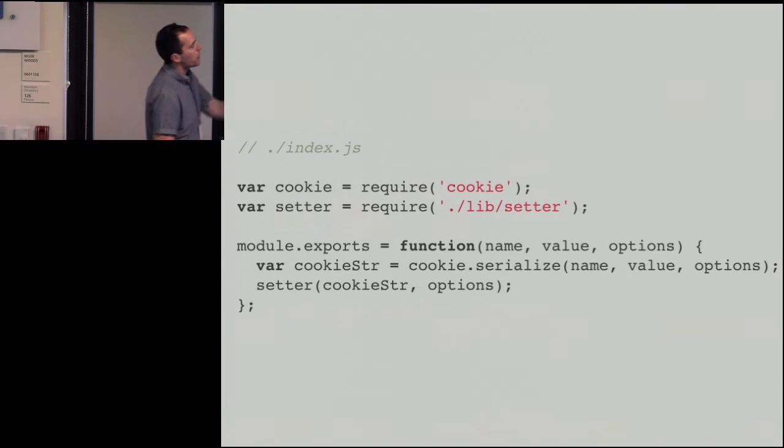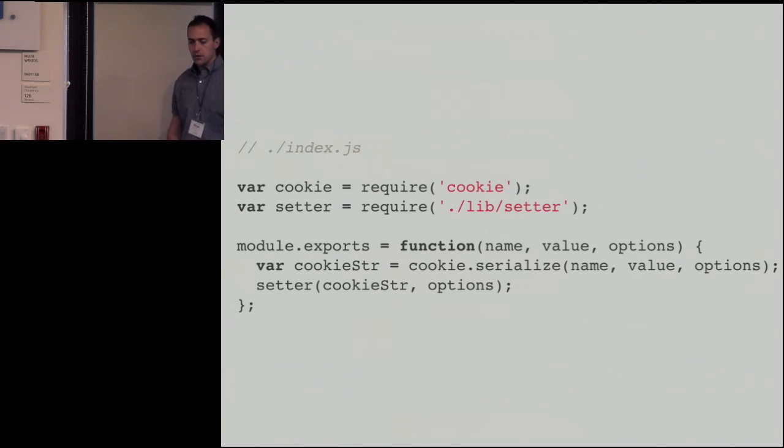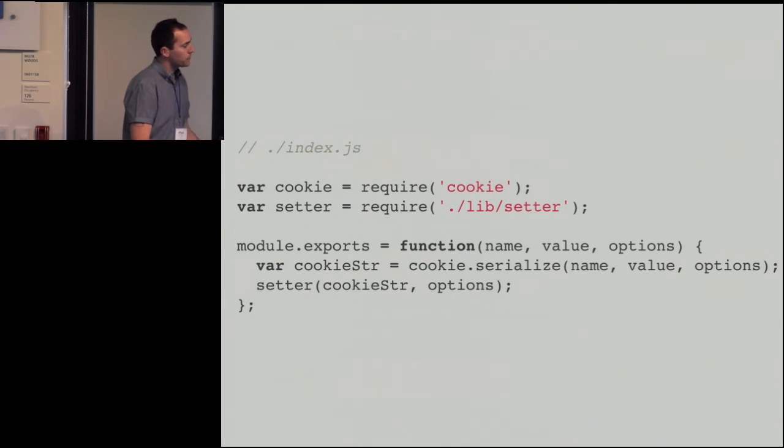So we require our setter implementation, and then we export the public API. This function that we're exporting is the public API of our module. It takes 3 parameters: name, value, and options. And so what we do is we'll use the cookie dependency, we'll serialize the name and the value and any options into a string, and that string is the same on the client and the server. Then we'll actually set it. Pretty simple.